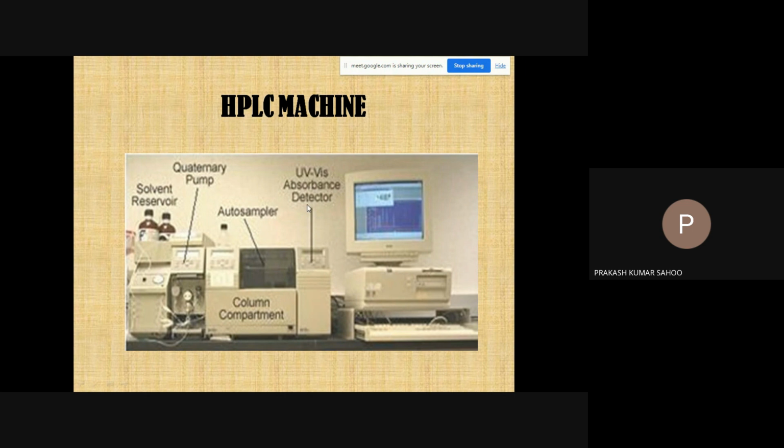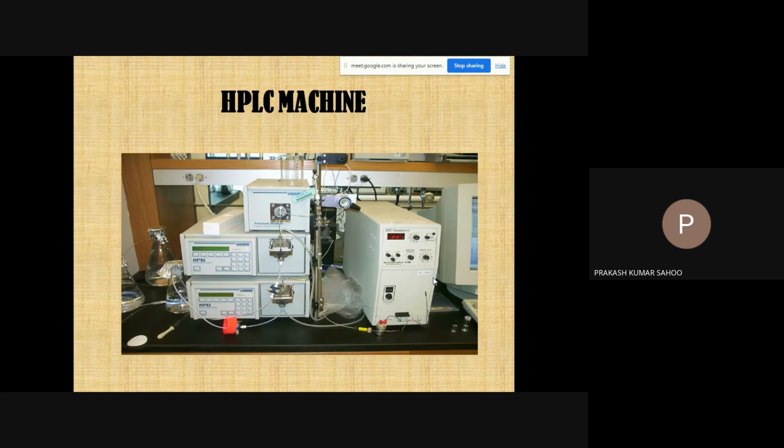And in this machine a UV visible detector is installed, which is directly connected to the recorder, which is nothing but your computer. This is a more clear view of your HPLC like this.